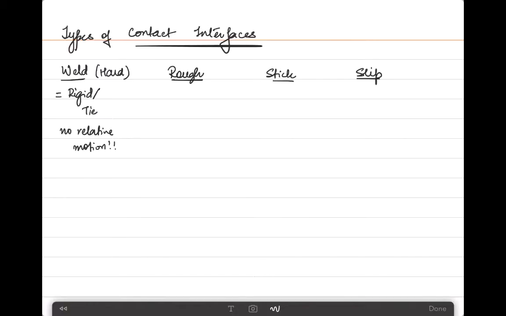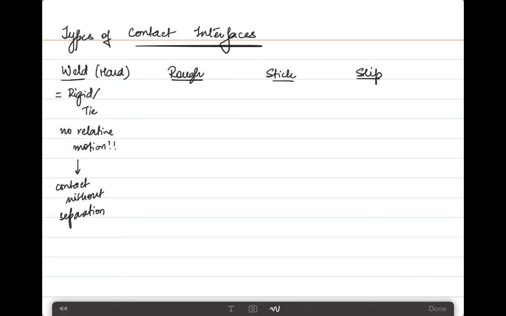Of course, it allows some slight elastic deformations, but it does not allow any separation. So let's say here we can say it's a contact without separation. Ballistic contacts could be considered as one of these kinds of cases.